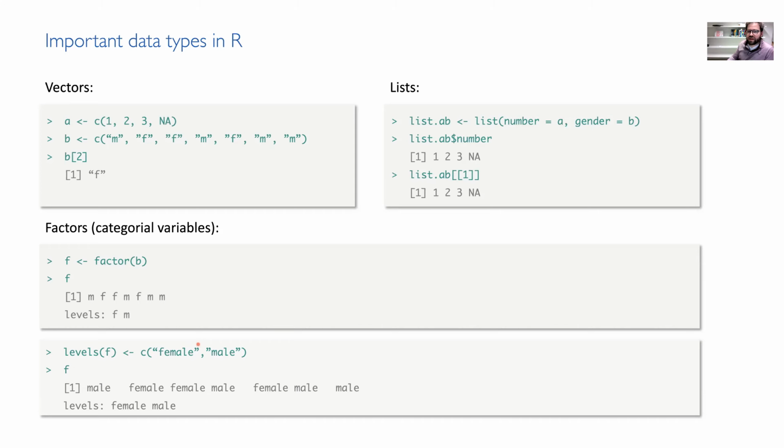Then you don't have to save the string chromosome 1 200 million times, but only once in this table where you look up what is actually the name of this factor level. So it's a very efficient way of saving variables that appear very often but can only take a limited number of values. And that's then called a factor. Now that's the data type that you're probably not familiar with.